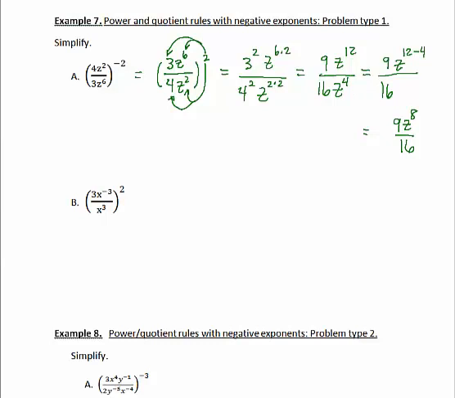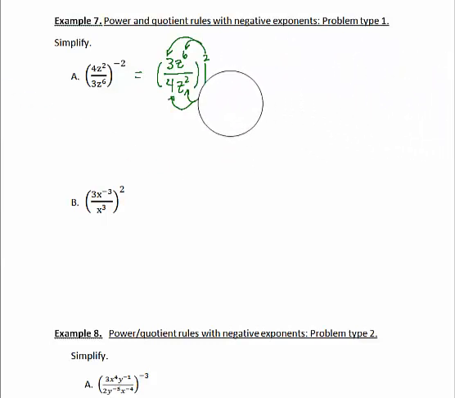If you wanted to take this in a different direction, an alternate way we could have gone is we could have applied the quotient rule before we applied the power rule. We could have written this as a 3 over 4, nothing changes with the coefficients, but then we could have written z to the 6 minus 2.